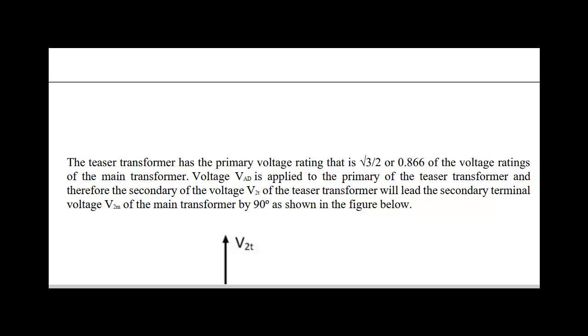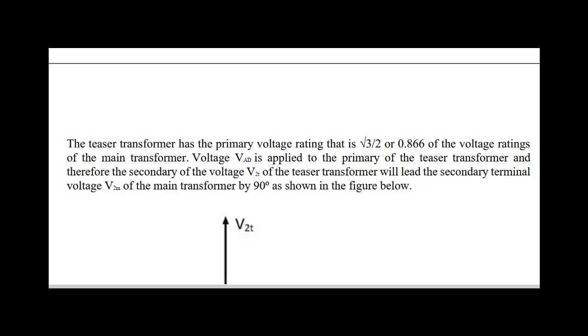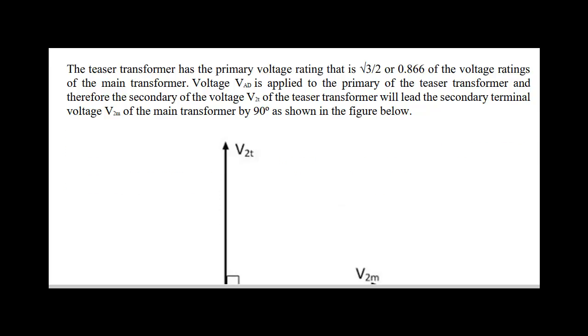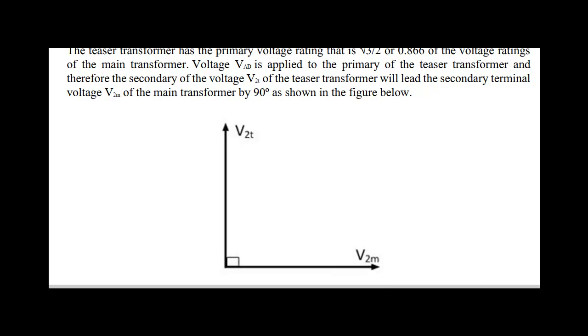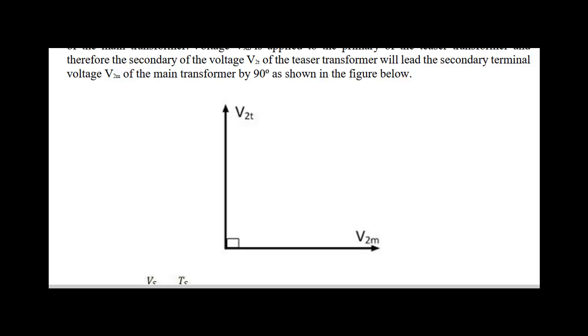The teaser transformer has a primary voltage rating of root 3 by 2, or 0.866, of the voltage rating of the main transformer. This voltage is applied to the primary of the teaser transformer, and therefore the secondary voltage V2T of the teaser transformer leads the secondary terminal voltage V2M of the main transformer by 90 degrees, as shown in the following figure.